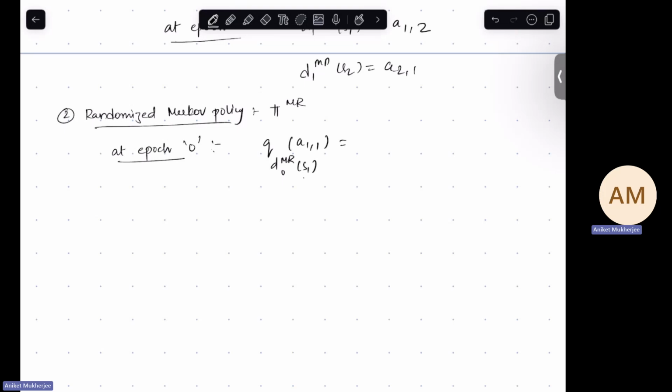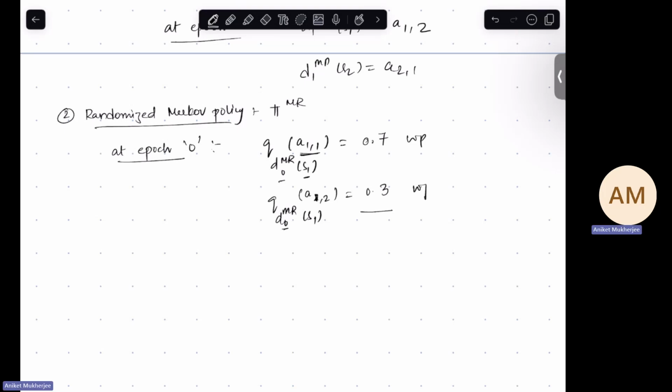So if you are at state S1 at the 0th time instant, then you take the action A11 with probability 0.7. Similarly, if you are at state S1 at time instant 0, then you take A12 with probability 0.3, because there are only two actions you can take when you are at S1.